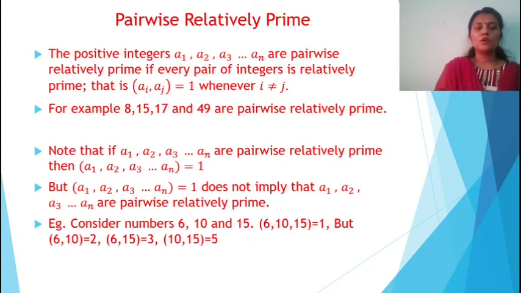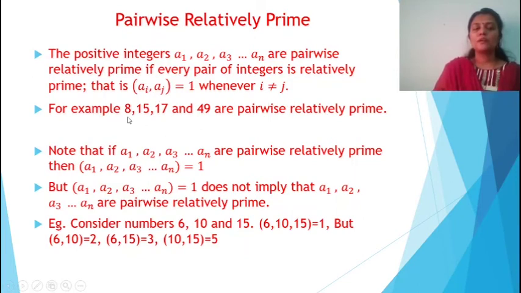Now we have one more concept, pairwise relatively prime. We already know that relatively prime means the GCD of two numbers is equal to 1. Here we have some n numbers, a_1, a_2, etc., a_n. We say that they are pairwise relatively prime if every pair of integers is relatively prime. That is, GCD of a_i, a_j equal to 1 whenever i not equal to j.